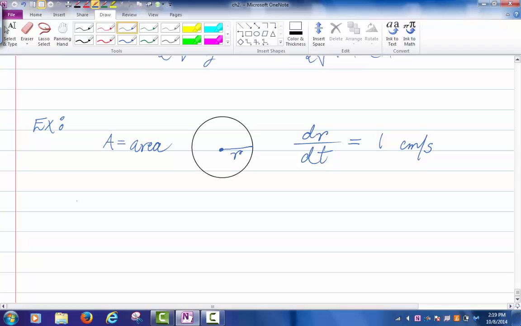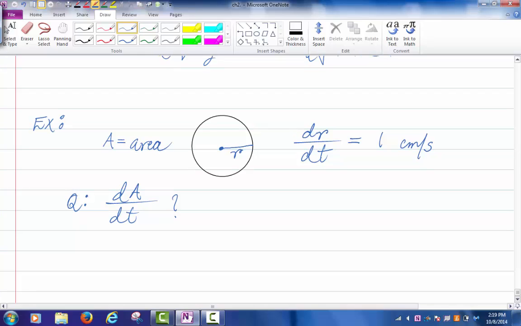The question is, what's the rate of A with respect to time? Am I making sense? So how would we find that? Can I find a formula for A directly in terms of t here?